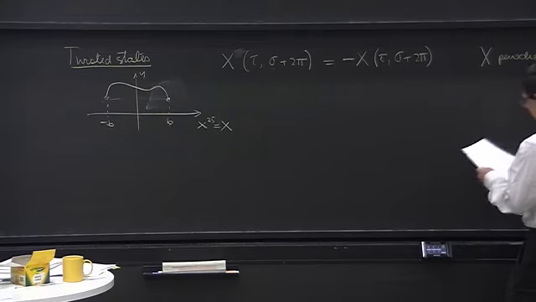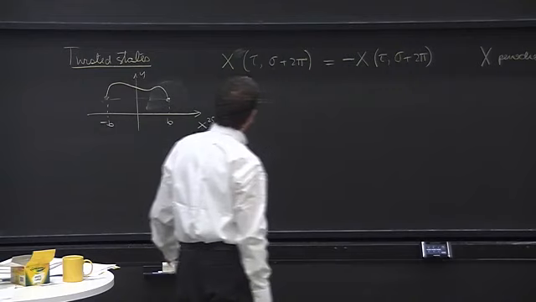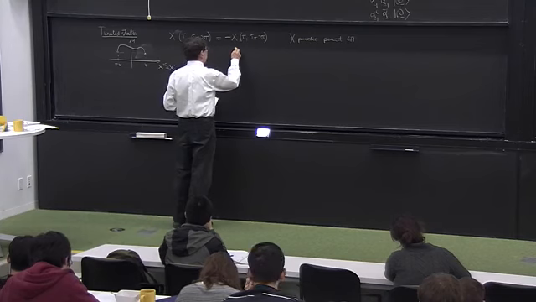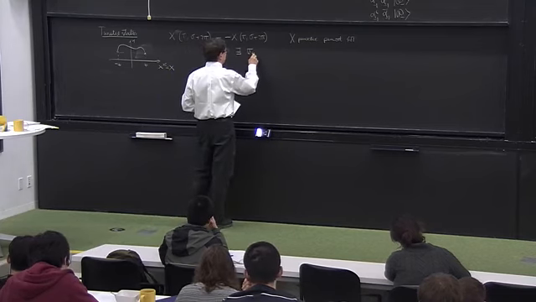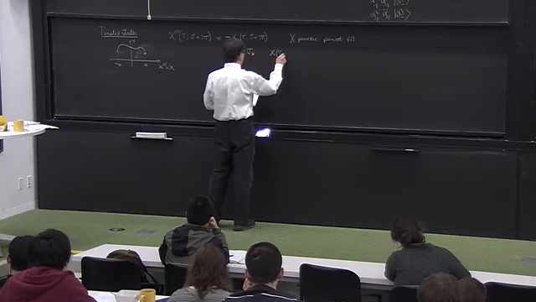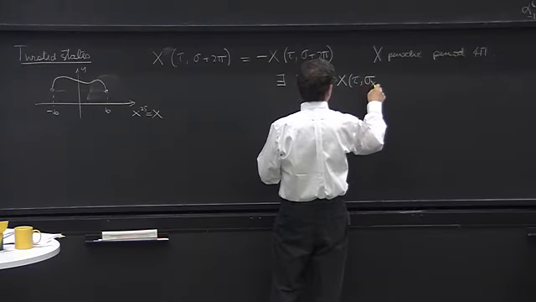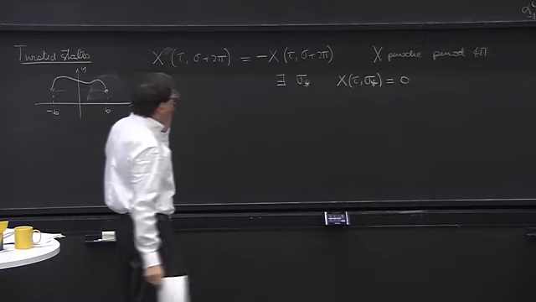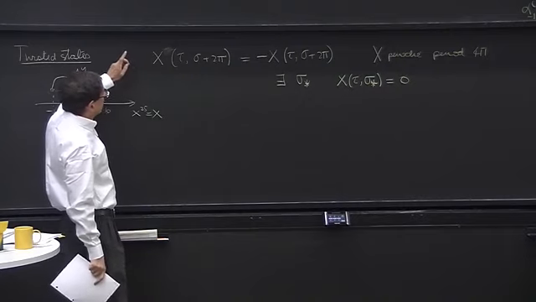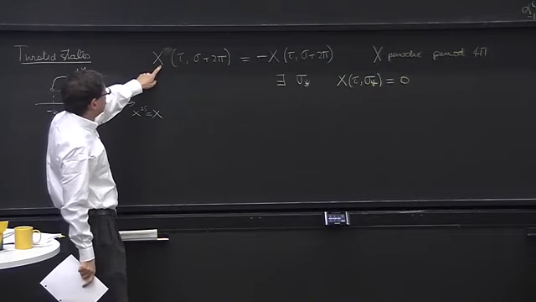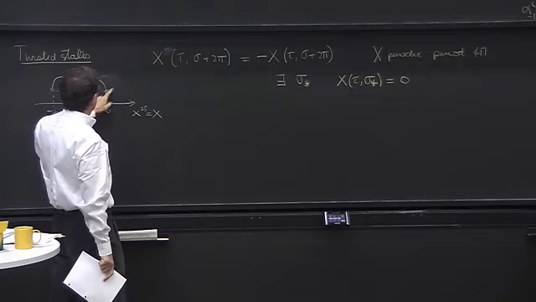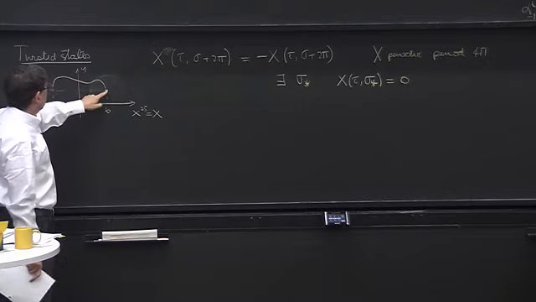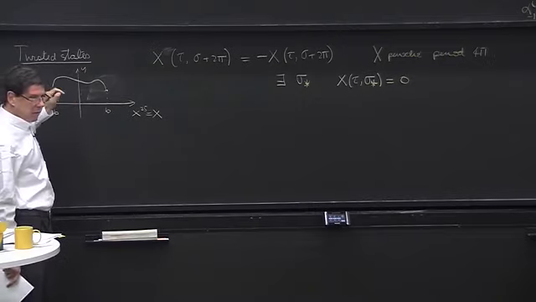But another thing that is interesting is that there exists some sigma star such that x of tau, sigma star is equal to 0. This closed string takes values, and takes the negative values because it closes by ending at the negative point where it started.